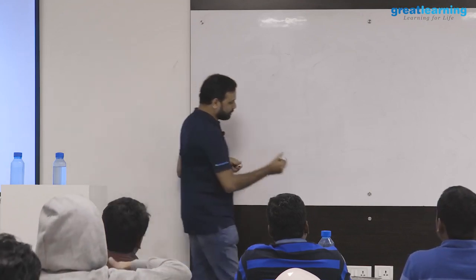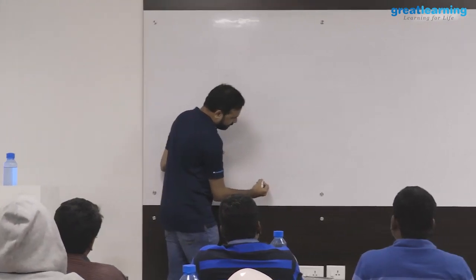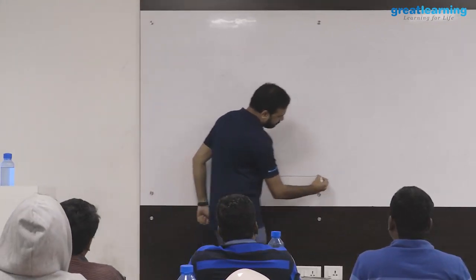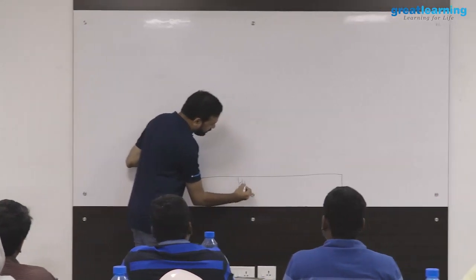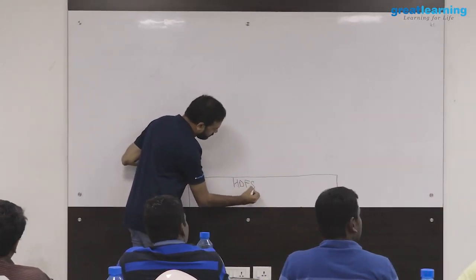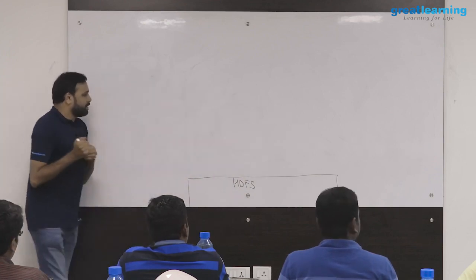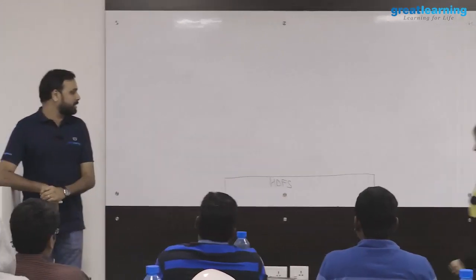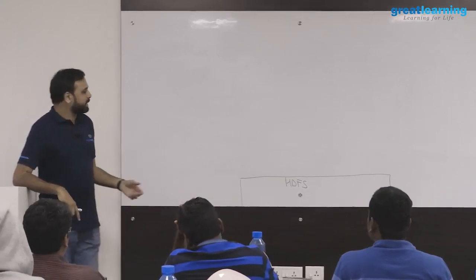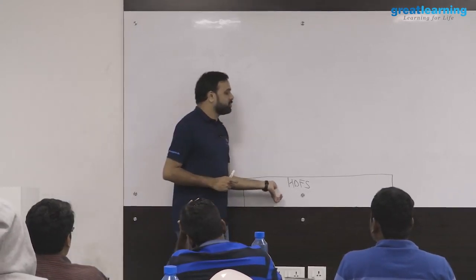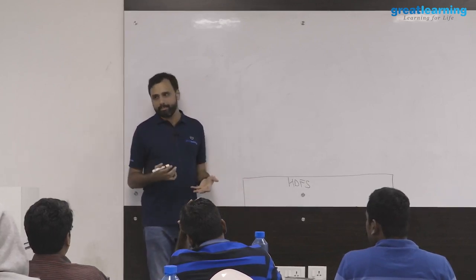In Hadoop, you have something called HDFS. Just write it here. HDFS stands for Hadoop Distributed File System. Basically, this is the file system which helps Hadoop to store the data.